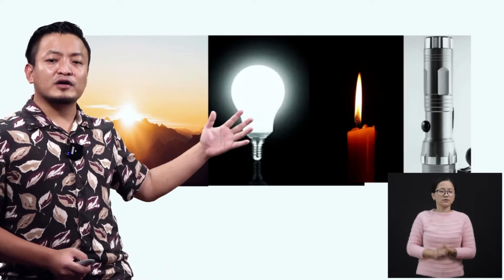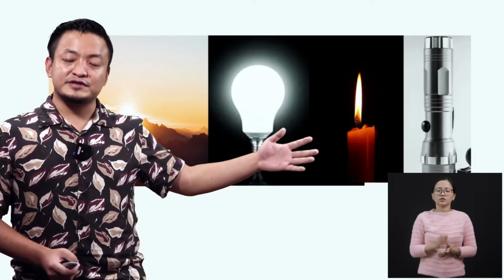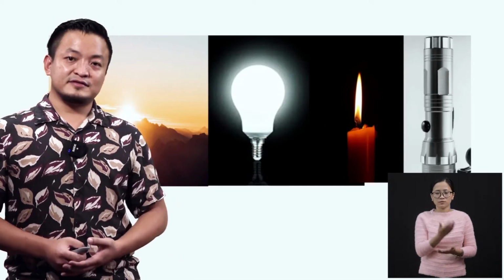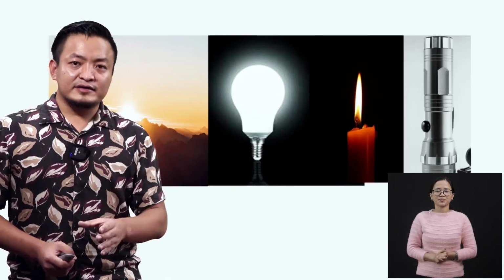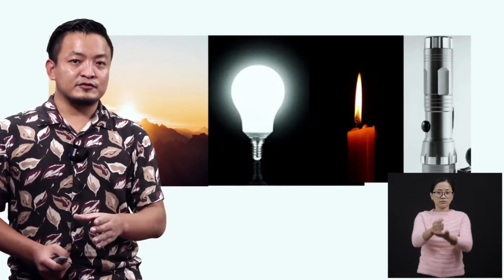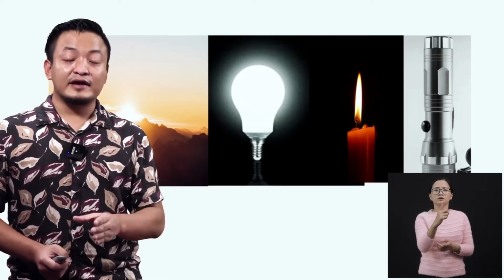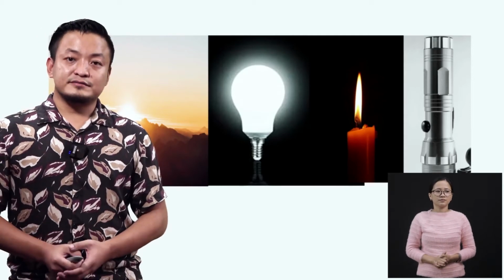So if there is no current, we use torchlight, we use candles in order to see objects. So students, light helps us to see everything around us. Okay? Light helps us to see everything around us.